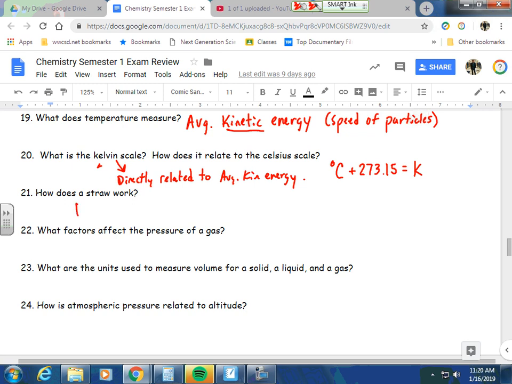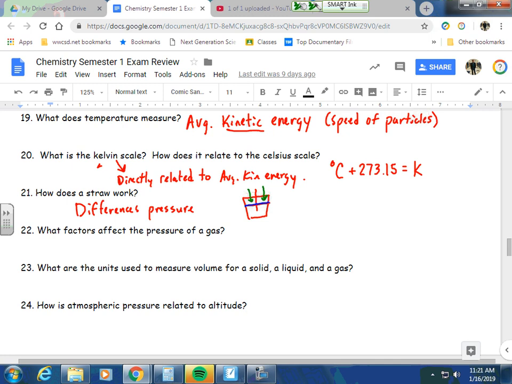How does a straw work? It works on differences in pressure. So we've got a glass, and we've got a straw in there, and we've got a liquid. I'll put blue for the liquid. All the air above the liquid in the cup is pushing down on it.